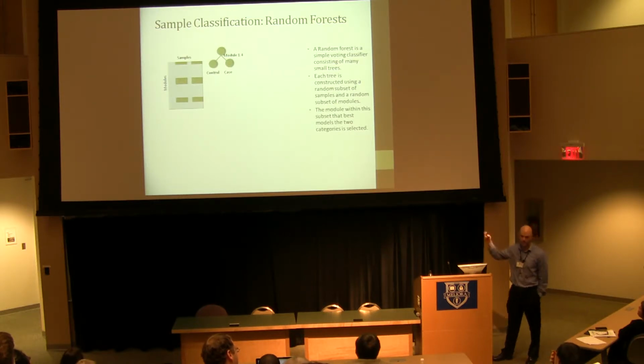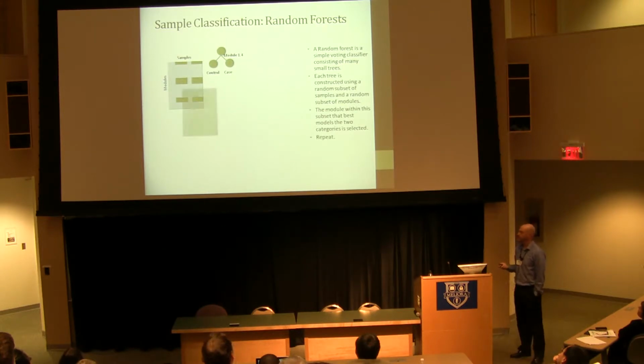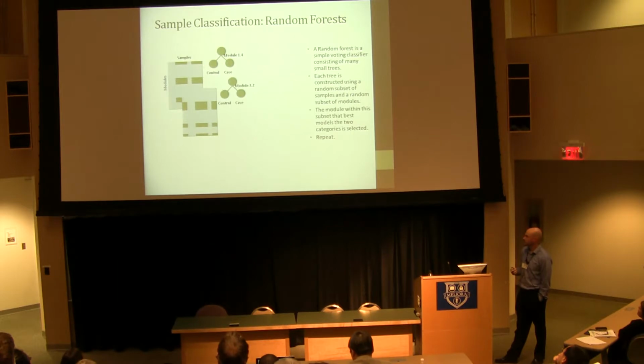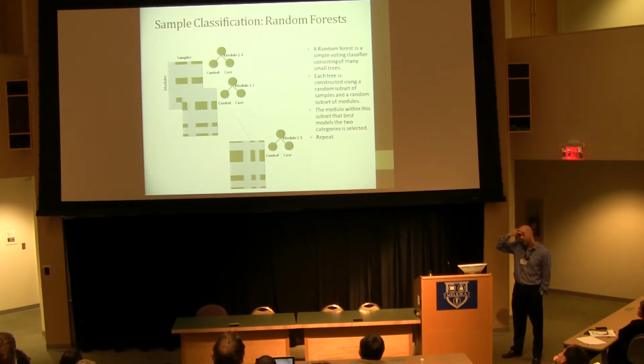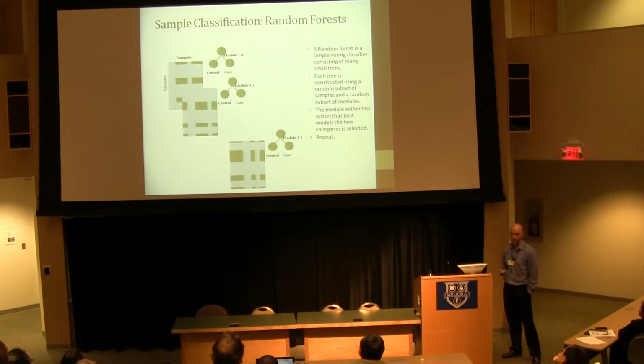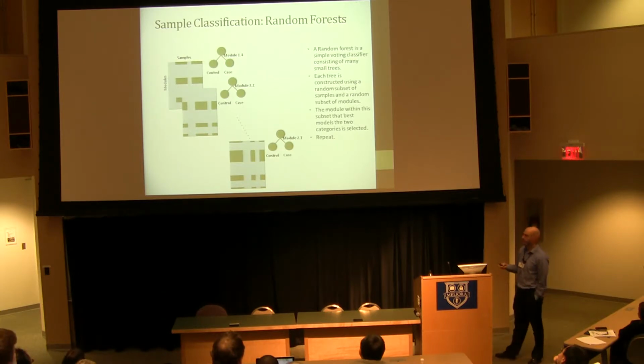They can be more complex than this, of course, and you find out which module is the most useful. Then you rinse and repeat, and you do this over and over, and you get many, many simplistic classifiers that then vote, right? So what I really like about this is when you're doing collaborations and you're working with biologists that might not have a particularly strong mathematical background, it's a classifier that's pretty easy to explain to people, even if they don't know all the ins and outs.